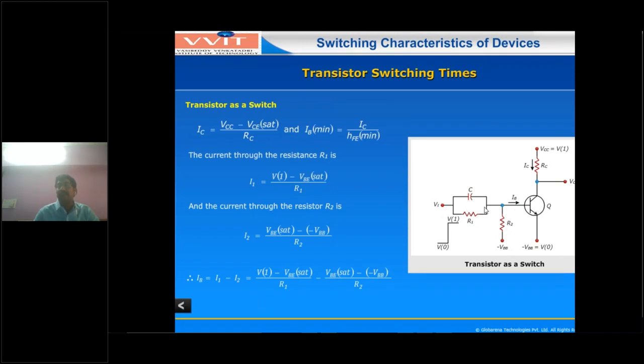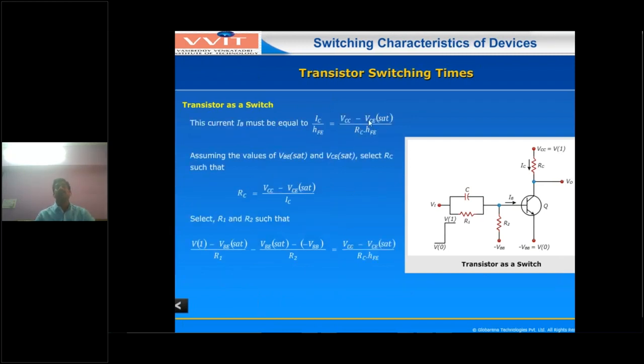This current is I1, this current is I2. I1 is entering and I2 is leaving, so IB equals I1 minus I2. Now this IB equals IC by hFE. Using this, find the R1, R2 and RC values by using the transistor design. This is the completion of this third unit, first part.